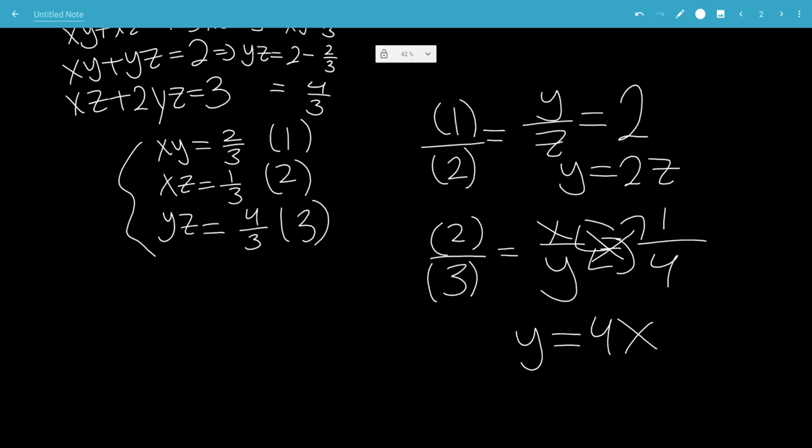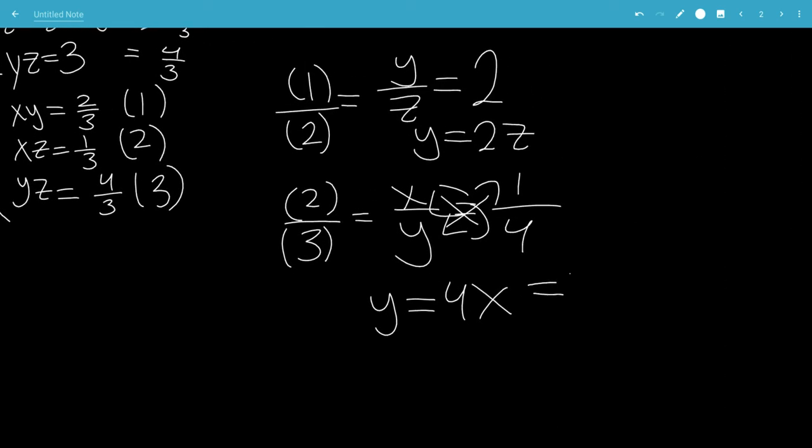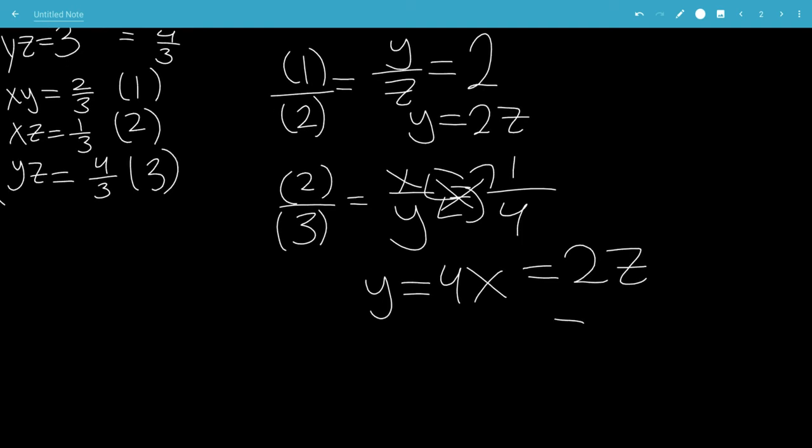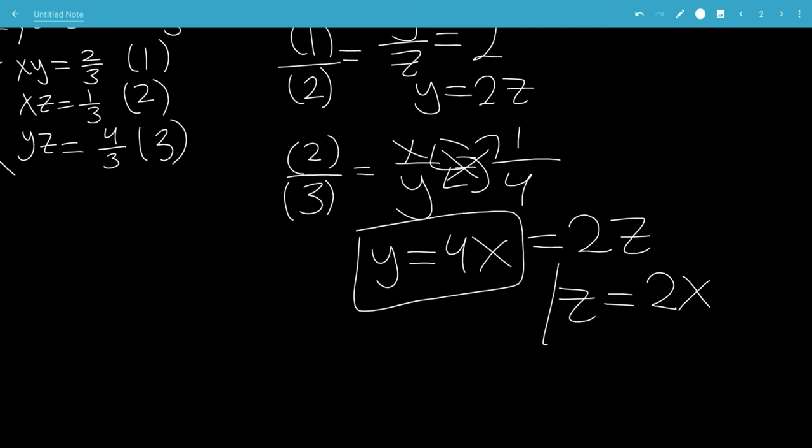If you don't want to cross multiply, you can take the reciprocal, so y over x equals 4. Multiplying by x, you get y equals 4x. But this is equal to 2z, so z is really 2x. Once we get x, we can solve for y and z.